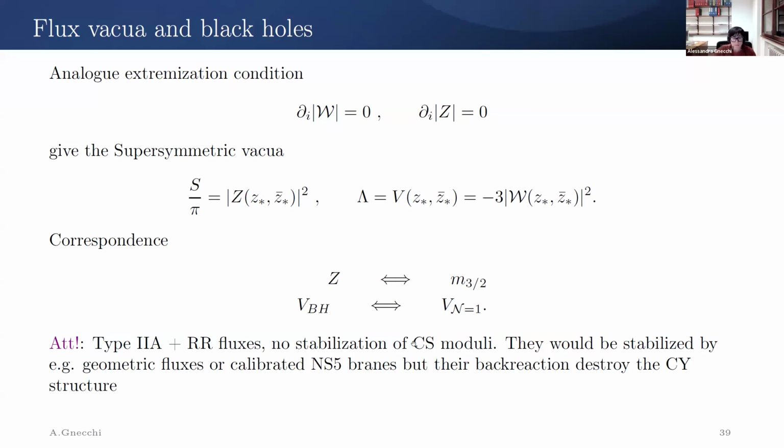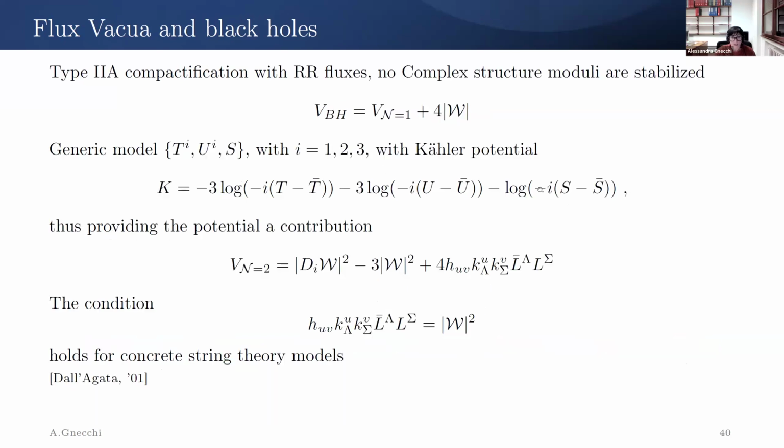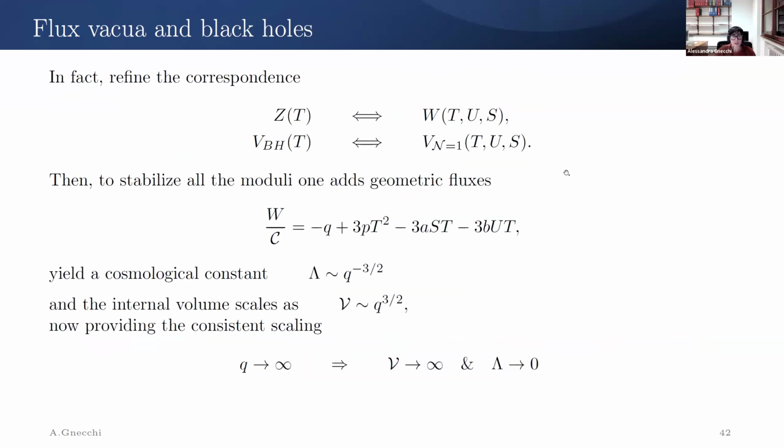There's an issue of having to stabilize all the moduli, but in order to test if this analogy is consistent, we should have some distance conjecture realized when we express things in terms of the black hole entropy or in terms of the cosmological constant. Because in both cases, we are dealing with the scalar potential, the central charge or the superpotential.